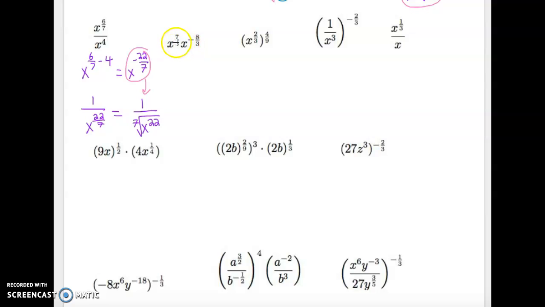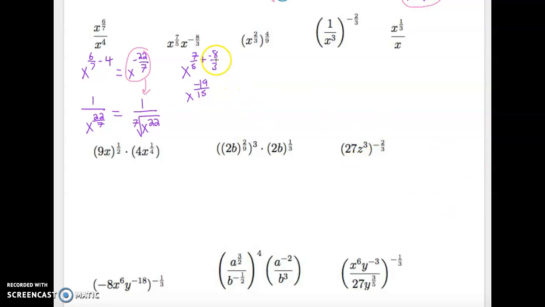Okay, let's do this next one. X to the 7/5 times x to the negative 8/3. So I'm really doing x to the 7/5 plus, I guess minus. We'll keep it as plus and negative. In your calculator, do 7 divided by 5 plus negative 8 divided by 3. Math, enter, enter. And I really get x to the negative 19/15.